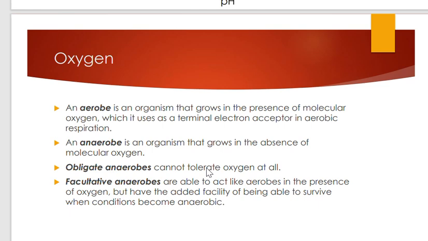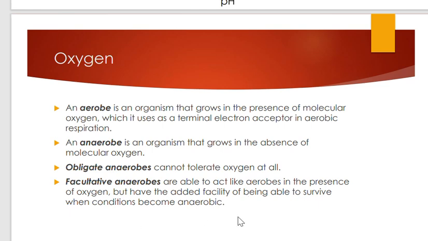Then we also have your facultative anaerobes. They are able to act like aerobes in the presence of oxygen, but have the added facility of being able to survive when conditions become anaerobic.